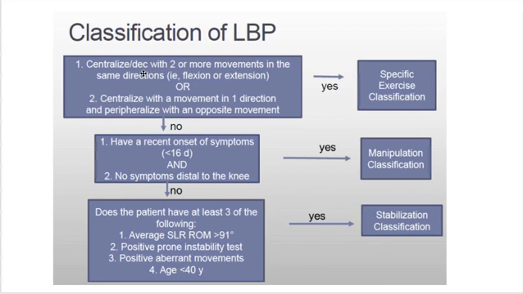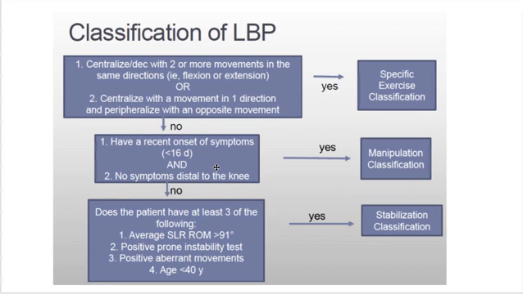So to classify people into the specific exercise classification, we're going to look for a directional preference in movement that either peripheralizes or centralizes their low back pain. And the key is whichever activity centralizes their pain is the preferred direction.